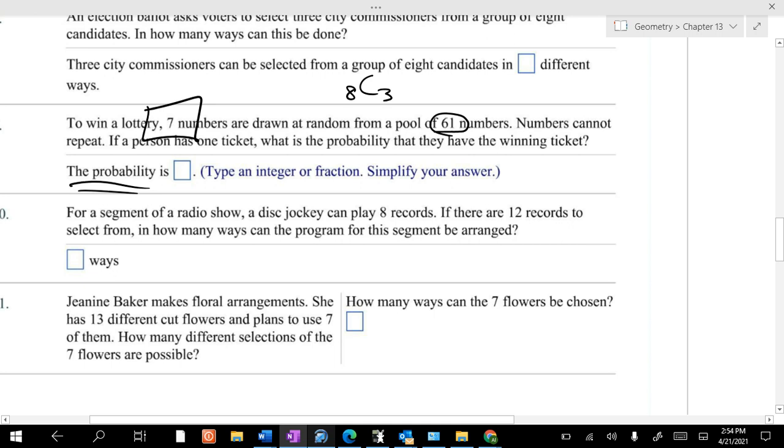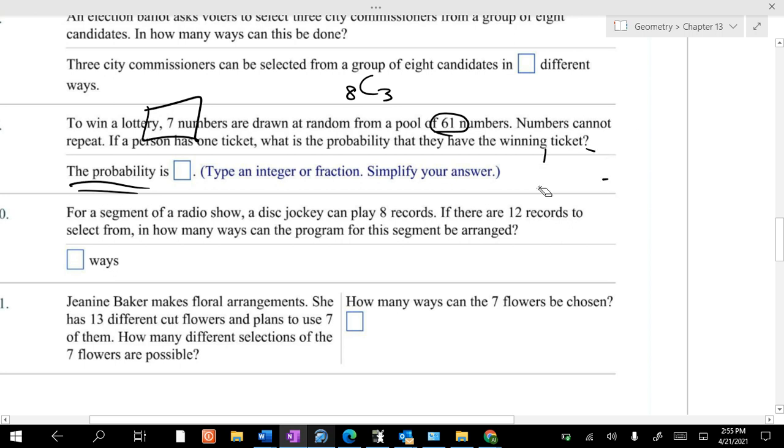Okay, the first number, there's a 1 in 61 chance of having the right number. Once that number is down, you don't repeat that number. That one's been taken out. The numbers don't repeat. So the second one is a 1 in 60 chance that your number will be correct.